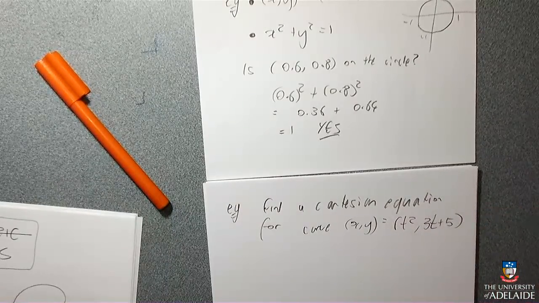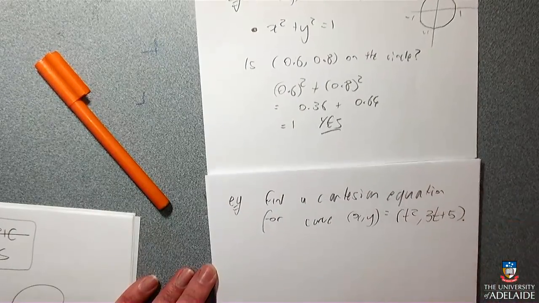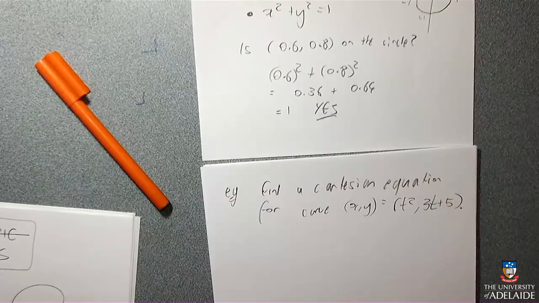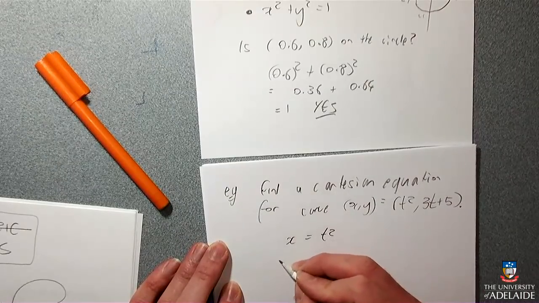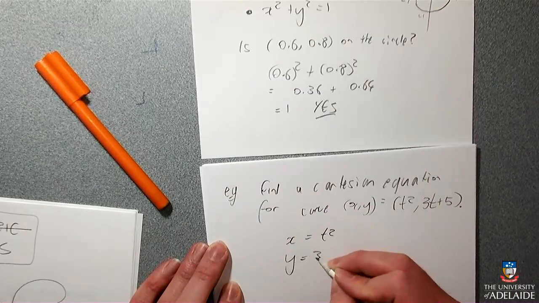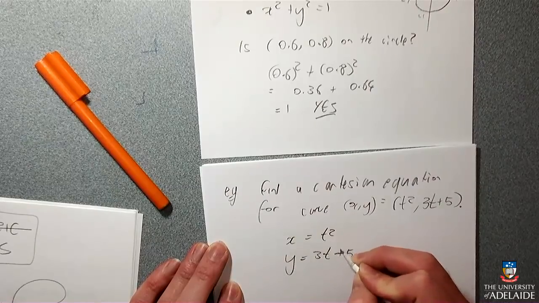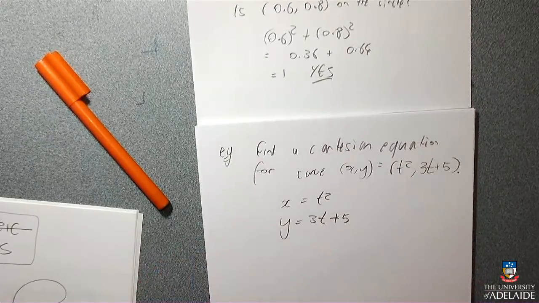Okay. So the goal is to have something that is a rule that if you sub in the x and the y and it works, then it's part of the curve. And so we're going to start with this, and try and think of the simplest way we can to get rid of the t's and form a single equation involving x and or y.